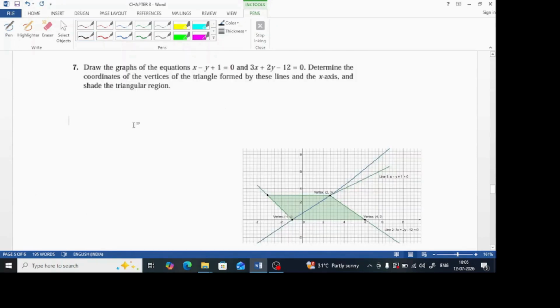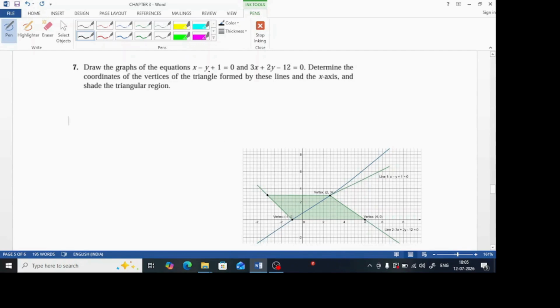Question number 7. Draw the graphs of the equations x - y + 1 = 0 and 3x + 2y - 12 = 0, and determine the coordinates of the vertices of the triangle formed by these lines and the x-axis, and shade the triangular region.